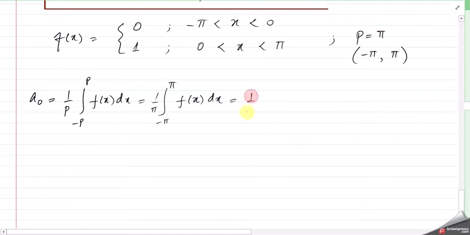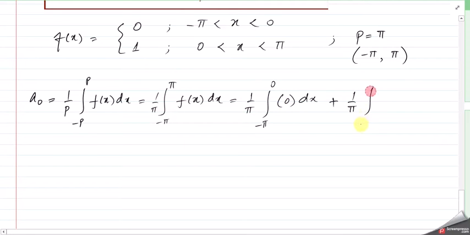Because our function is defined in two definitions, minus pi to 0 is a separate definition, which is 0. We don't need to write this part because it's going to be 0 anyway, but just the first time, because we are learning the concept, I'll write it to complete the reason. So clearly the first integral goes to 0.